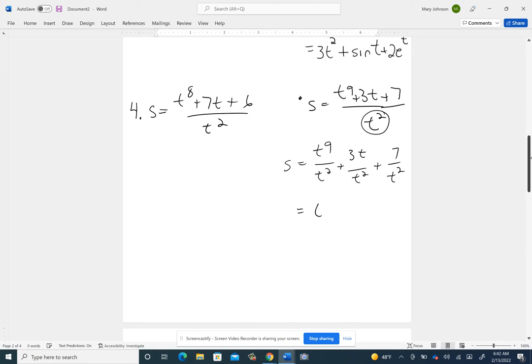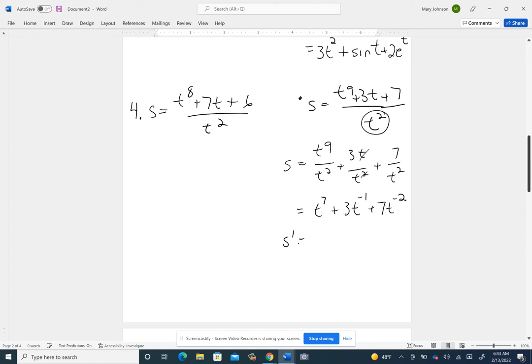Then simplify each term, writing it as a power rule. So see how this right here, one of these t's would cancel out. So you'd have 3 over t. So that would be 3t to the negative 1. And then here we have 7t to the negative 2. So there's a little algebra you could do first to change it so that you can apply the power rule.